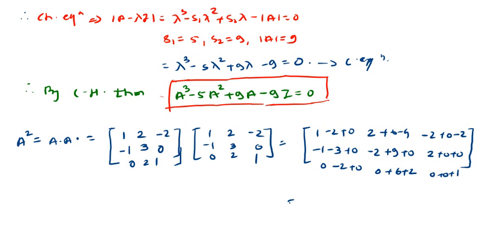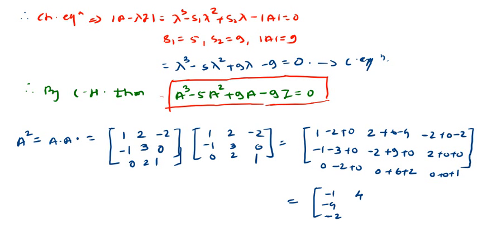Now solving this, this will be minus 1, this will be minus 4, this will be minus 2. Then 2 plus 6 minus 4, that is 8 minus 4 is 4.